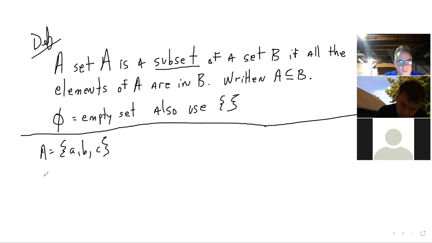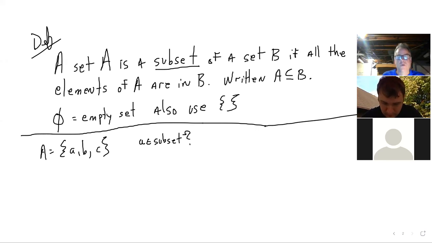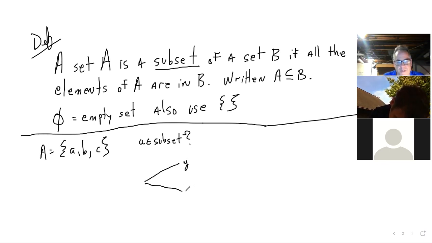So I'm going to ask a question: is that element, little a, an element of the subset? There are 2 possible answers, yes or no. That's it. So I'm going to use branches here and say yes or no.